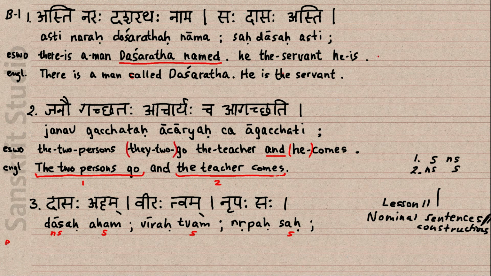Alright, so we have dasaha aham. So then in the Sanskrit, we still keep the order as written in the Devanagari and in the transliteration, but I add here then the verb, asmi, I am, and I also say then syntax 2.